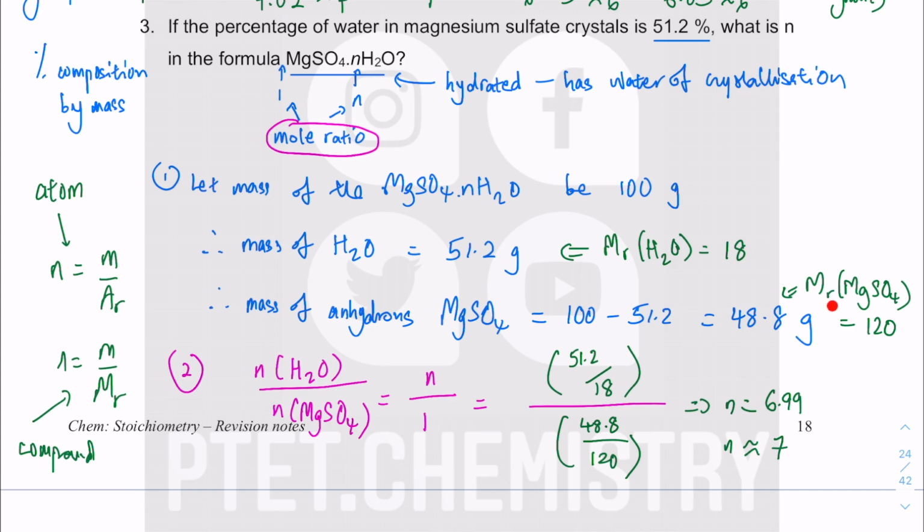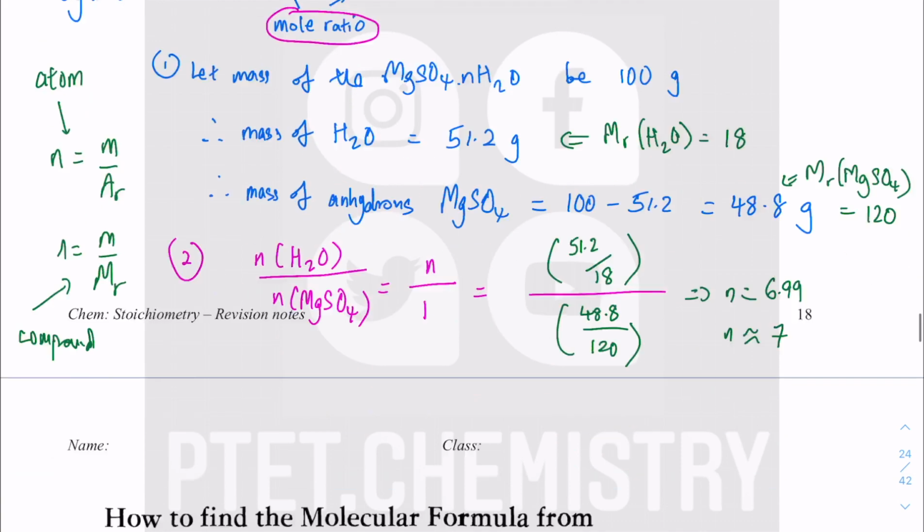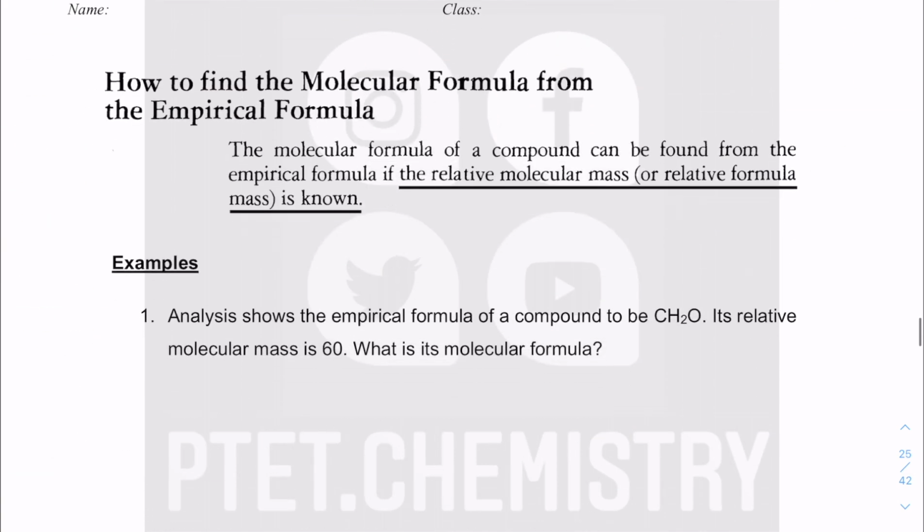Molecular mass, MR, is defined as the sum of all the relative atomic masses of the individual atoms present, as stated in the last couple of lecture tutorials, I guess. Okay.